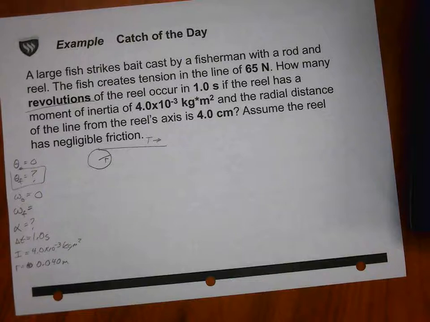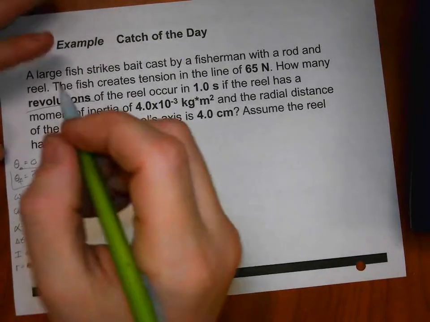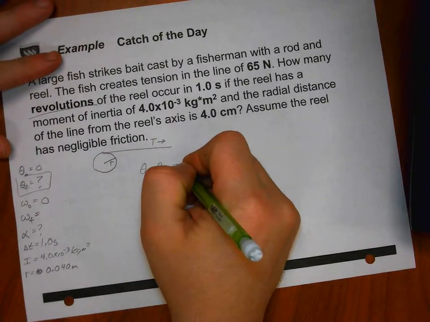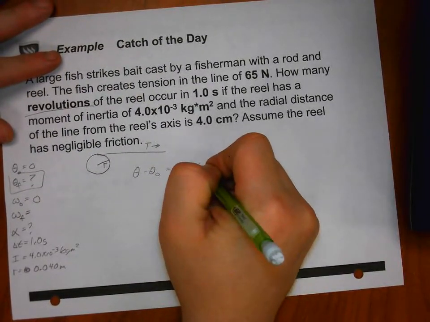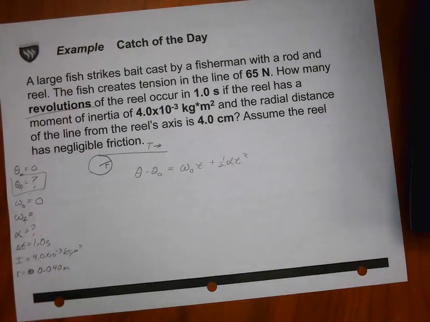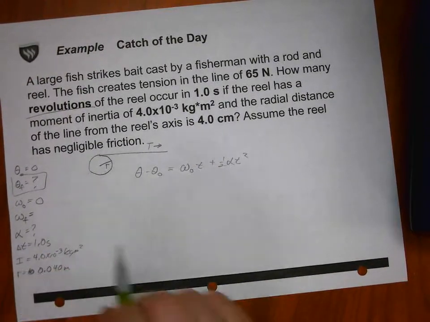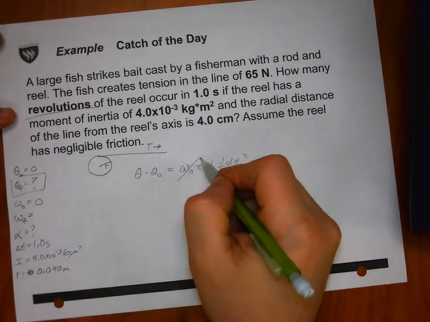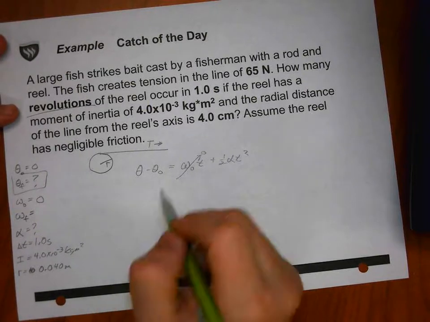Well, we have this equation: theta minus theta 0 equals omega 0 t plus 1/2 alpha t squared. Now we don't have alpha right now, but we can find it. Let's just keep that in mind. We know the initial velocity is 0.